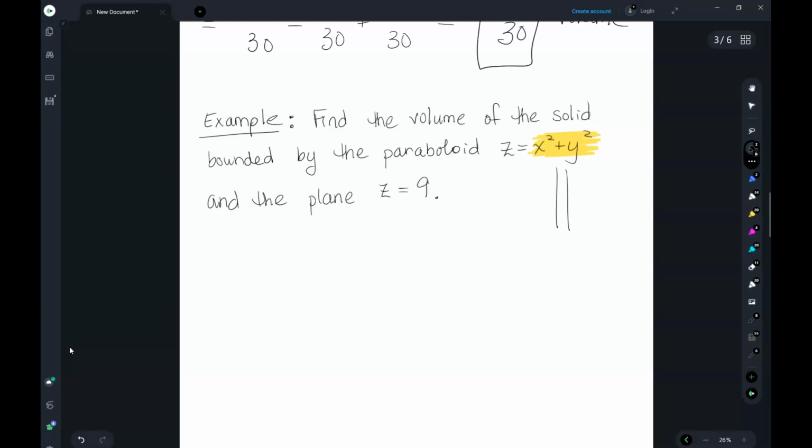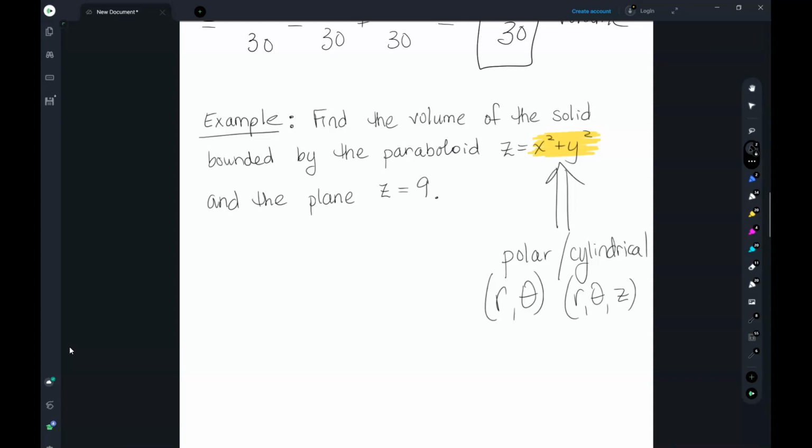Anytime we see x squared plus y squared, that should be a hint that tells us maybe we should do this in polar/cylindrical. Polar and cylindrical are really the same thing. Technically, polar is in 2 dimensions, and it uses r and theta. Cylindrical is 3 dimensions. It uses r, theta, and z.